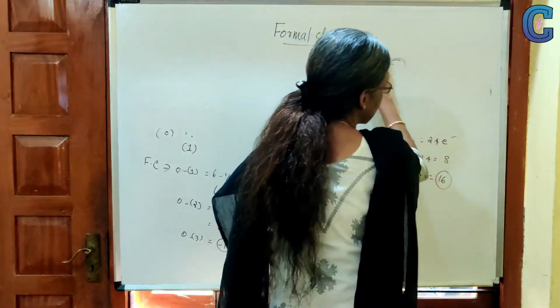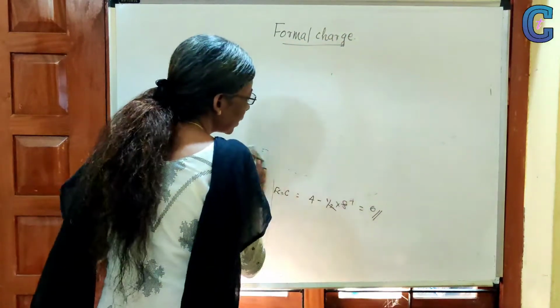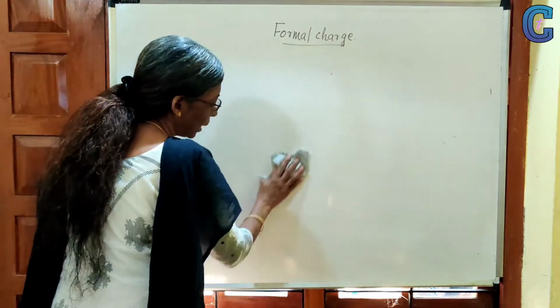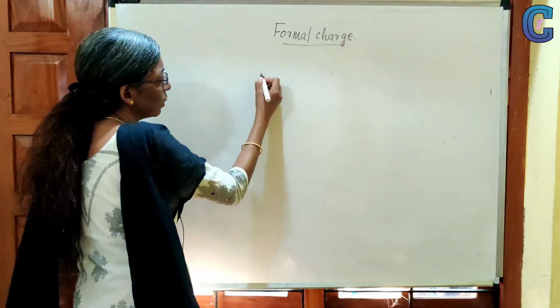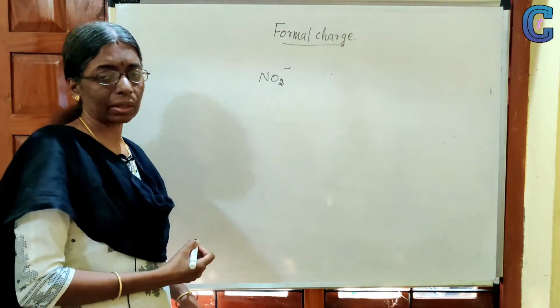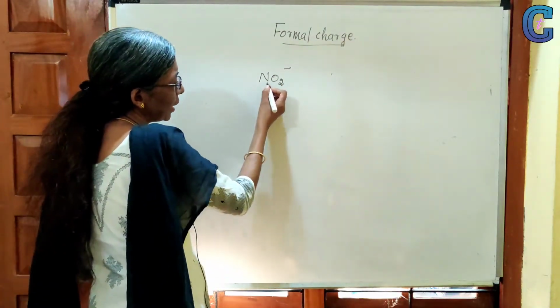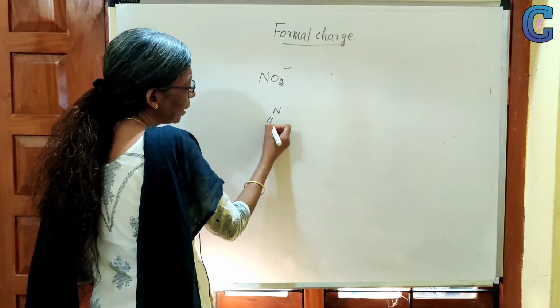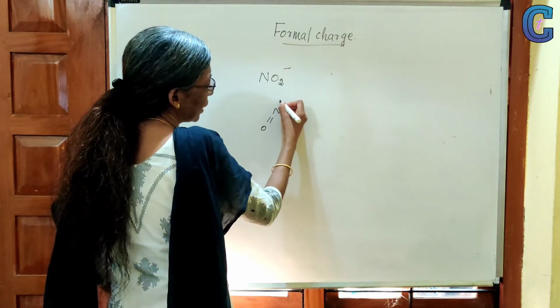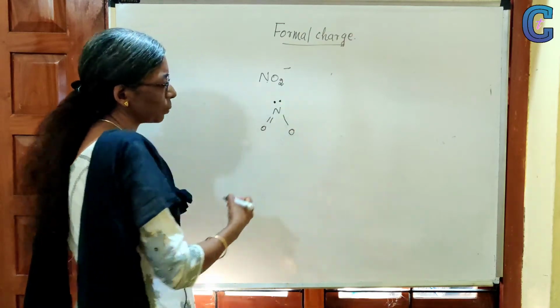Now next we go for NO2 minus, the nitrite ion. So in the nitrite ion, what is coming here? N double bond O, single bond O, with lone pairs.